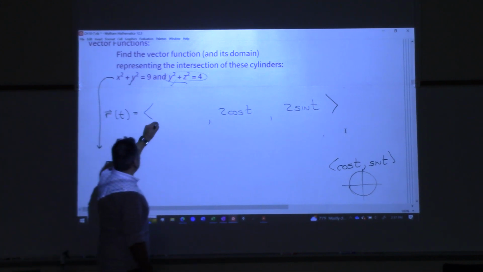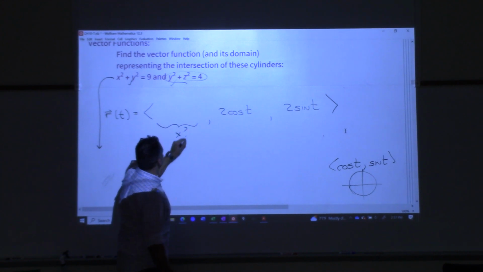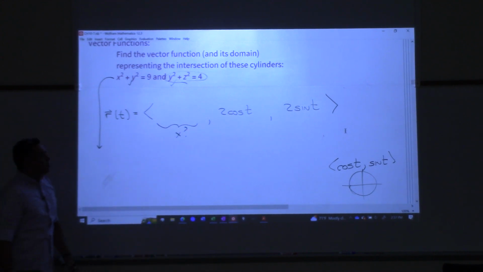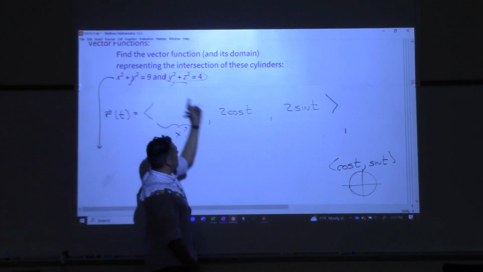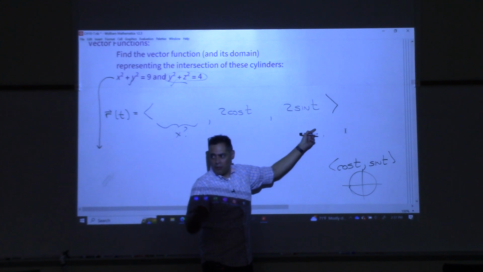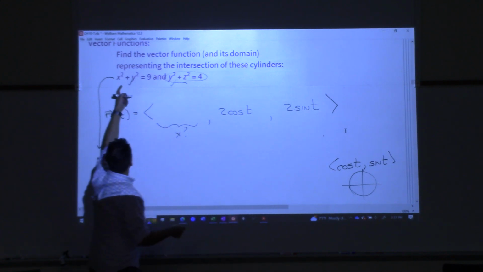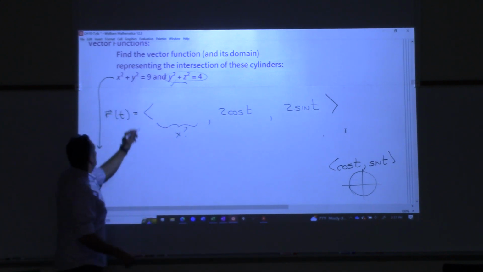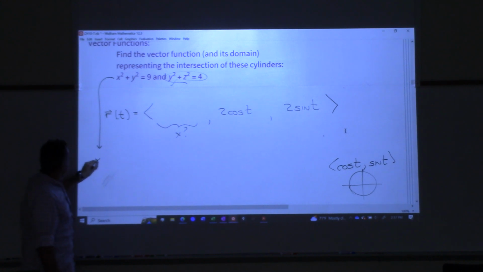I'm interested in the x component function, right? And so this is already taken care of here and here, drawing my circles. I just need the x to be somehow manipulated as I draw the circles. So I come here, this equation has x in it. I'm going to solve it for x.